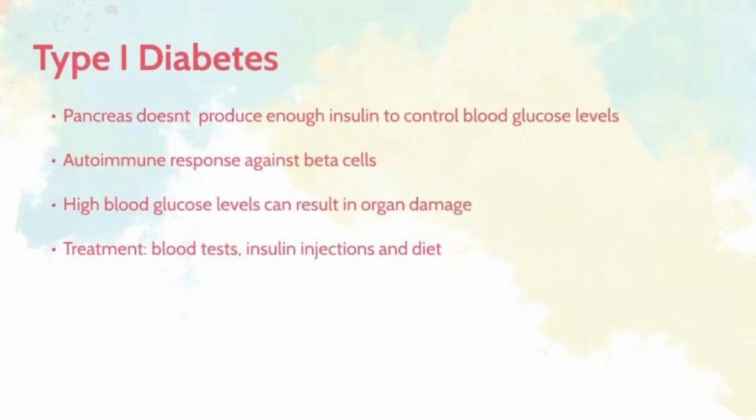So it's really important that they get this disorder managed very well. Now that we've understood why type 1 diabetes exists, we can talk about how it can be managed and treated. People suffering from type 1 diabetes will undergo regular blood tests, which will test their blood glucose levels, and then they will normally inject insulin to help control the levels to get them back into the normal range.